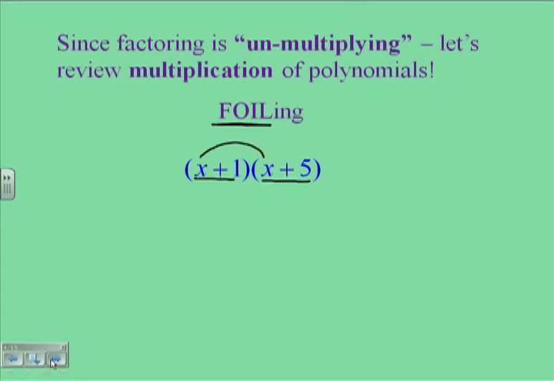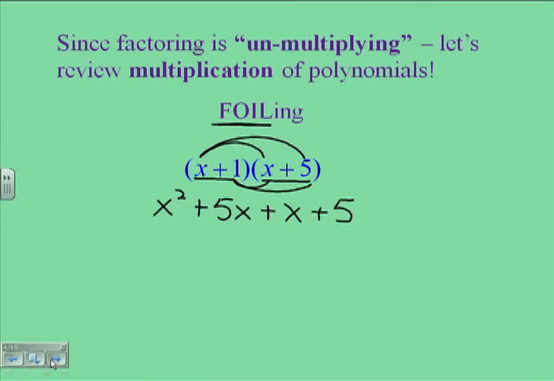First times first is x squared. Outers is plus 5x. Now, by the way, essentially, this is a double distributive. I distributed the x, and now I distribute the plus 1. My inners, plus 1x, and my last times last, plus 5.